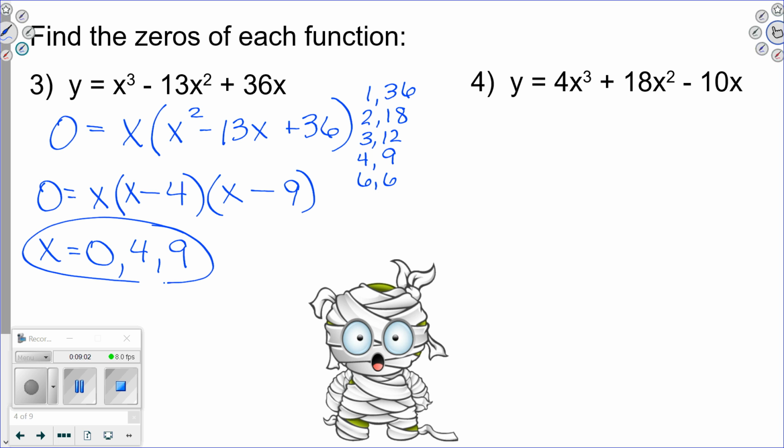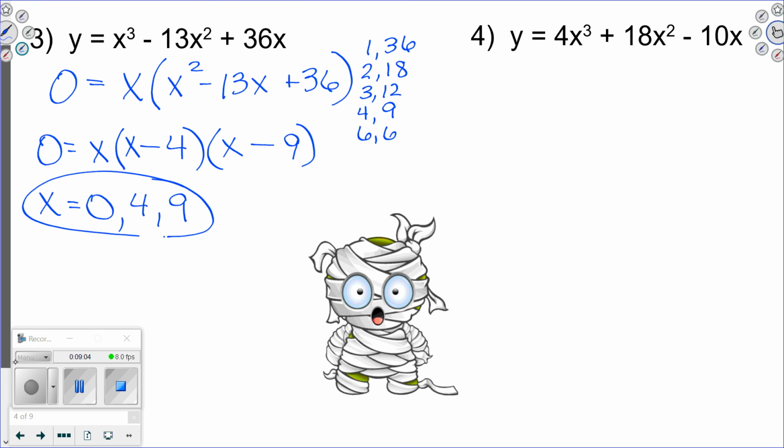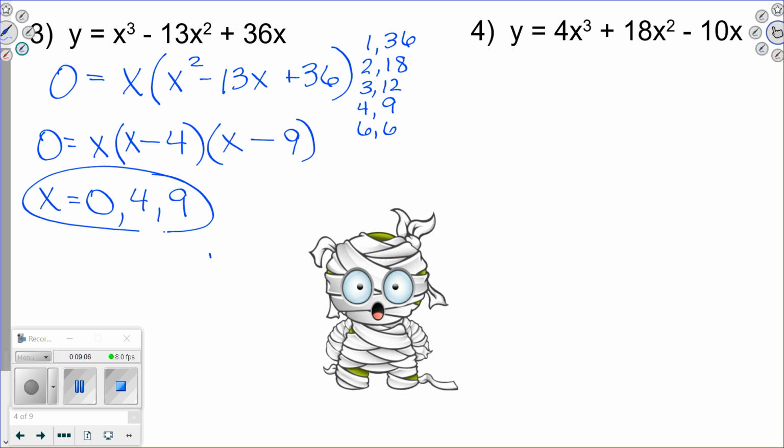If I asked you to draw me a rough sketch, could you? Right, I would know that it would cross at 0. So I'd have a point at 0, a point at 4, and a point at 9.